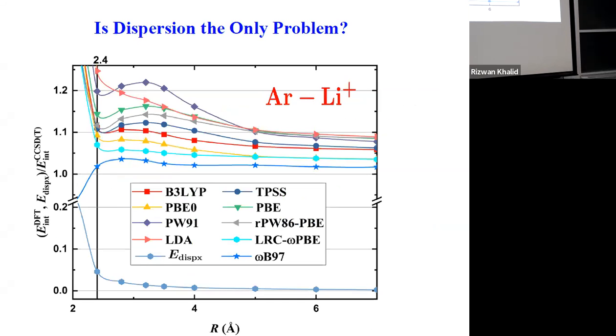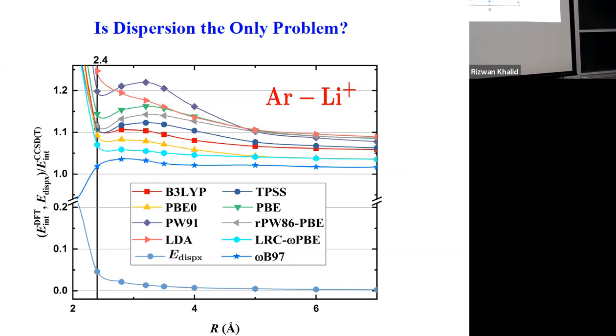In this figure, we prove that missing dispersion interactions is not the only problem of DFT. DFT has problems in other terms as well. For example, this is an interaction energy of argon and lithium plus. Here we have dispersion energy, and we have plotted the ratio of interaction energy to the benchmark interaction energy.